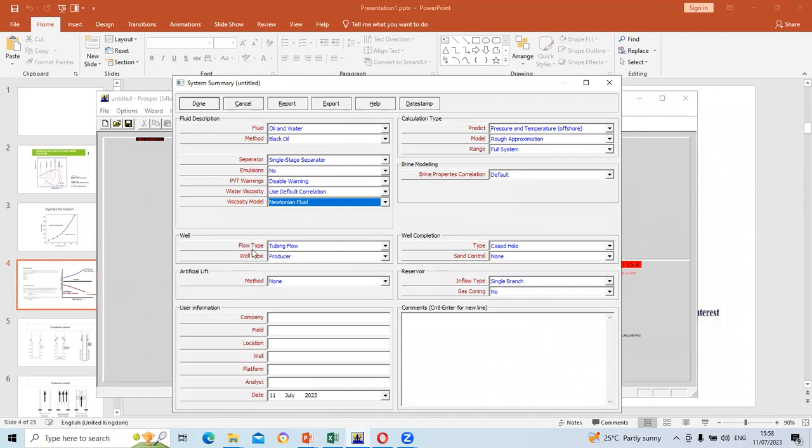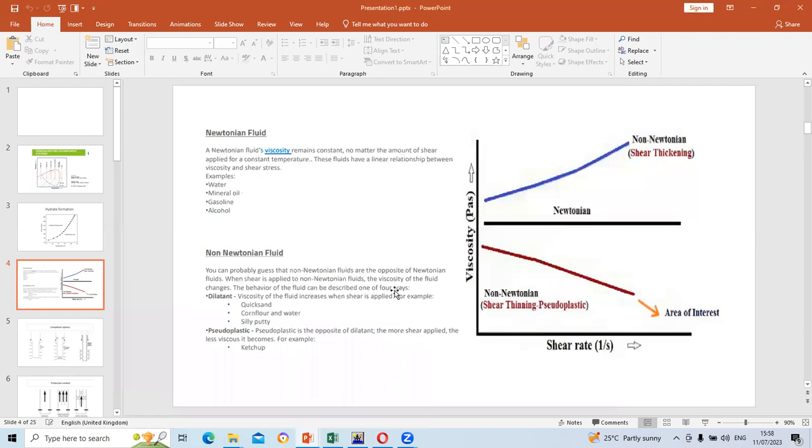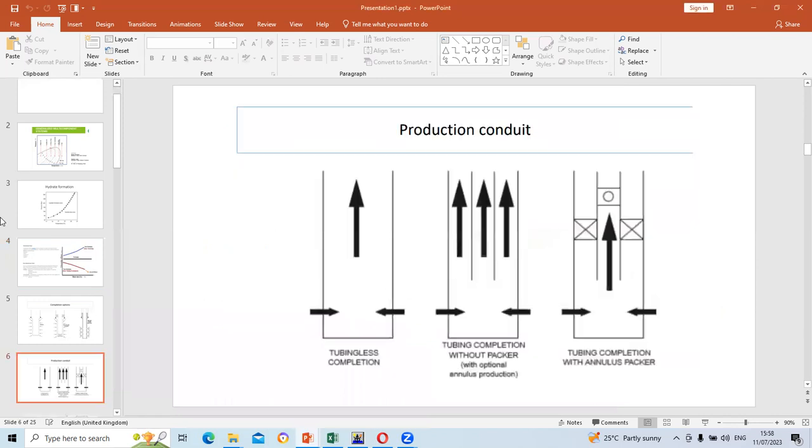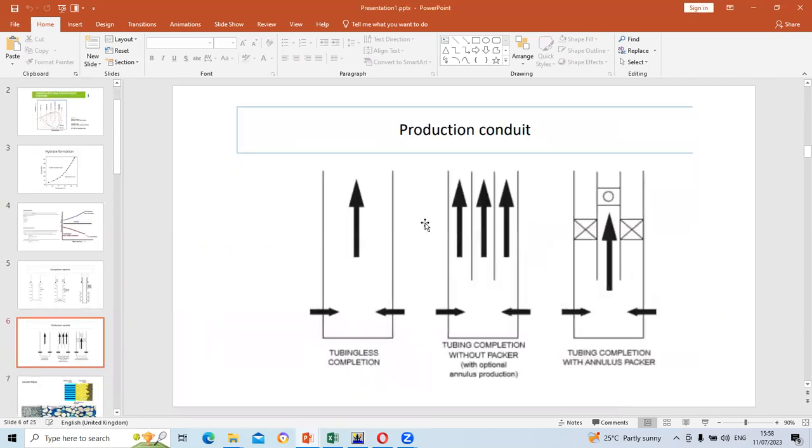All right. We go now to our flow type. We have here the tubing flow, the annular flow, and then tubing plus annular. So we go back to our PowerPoint. These are the various types of flow that we have. We may have a situation where the fluid is flowing only inside; this is a tubingless completion where there is no tubing at all.